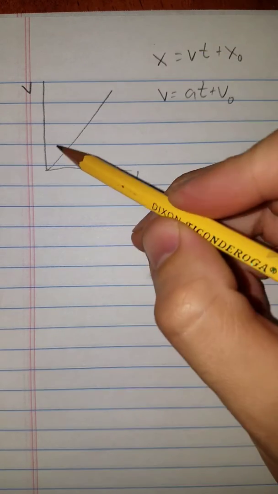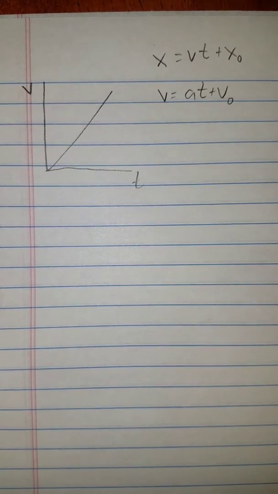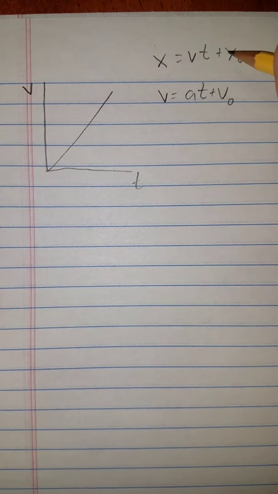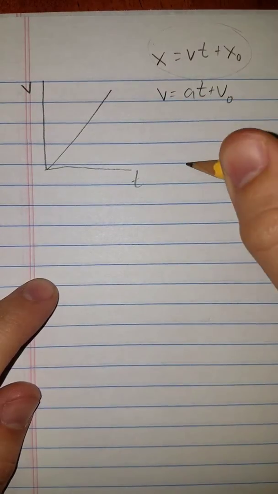But when we have a velocity time graph, it turns out that if we take this equation and manipulate it a little bit, I'm going to rewrite it down here.